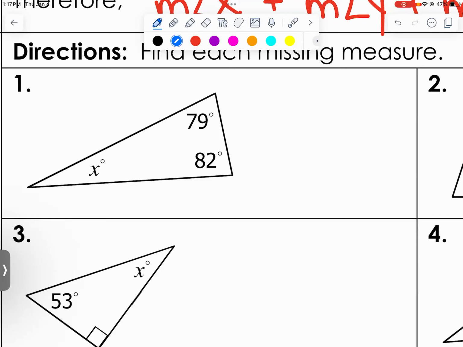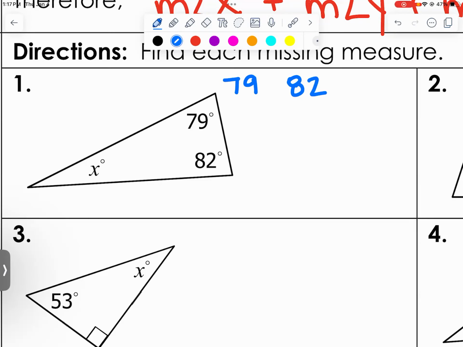Okay, it has 2 really long sides and a short side. What else can you tell me about this triangle? Jacob. Can you read the numbers for me? Oh, 79 and 82. Okay, so we have 79 and we have 82.